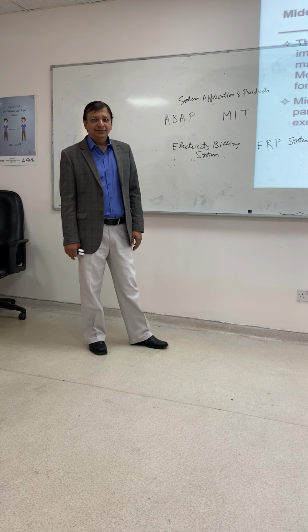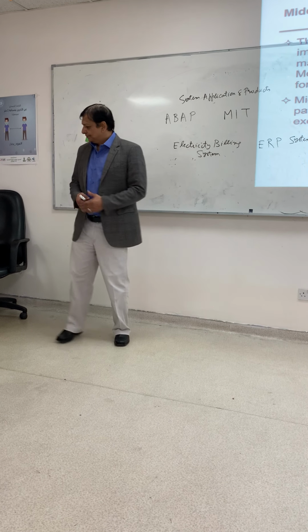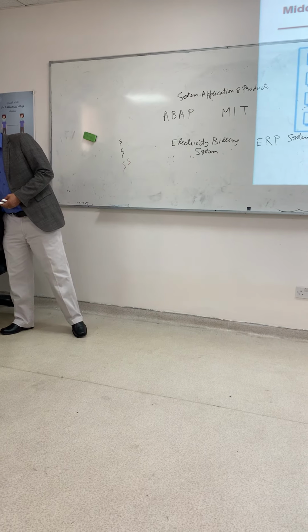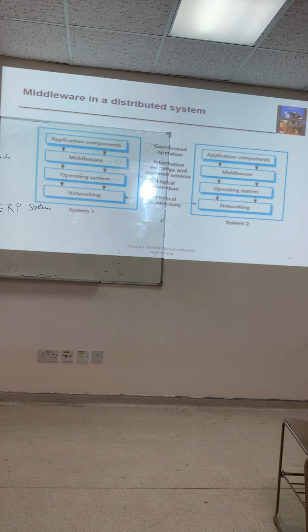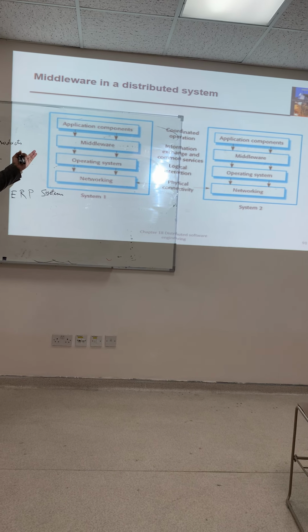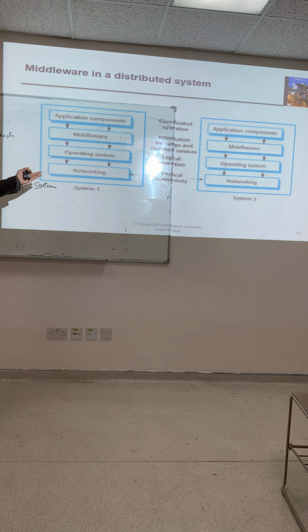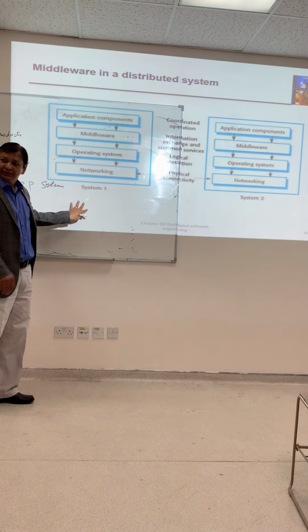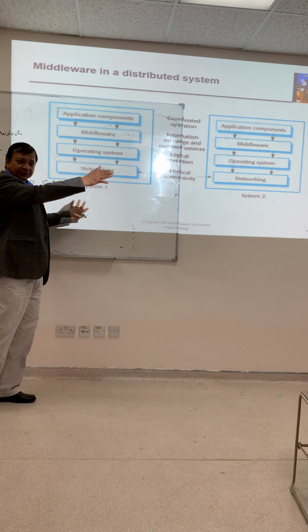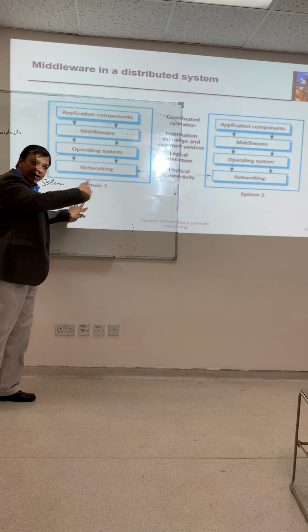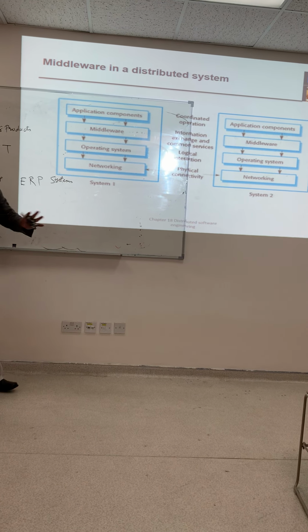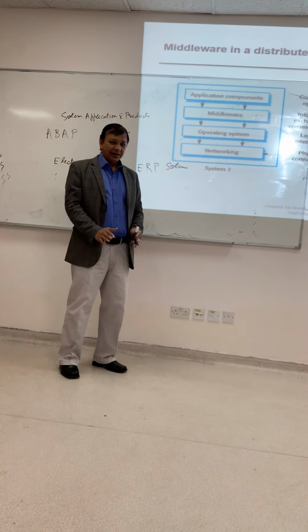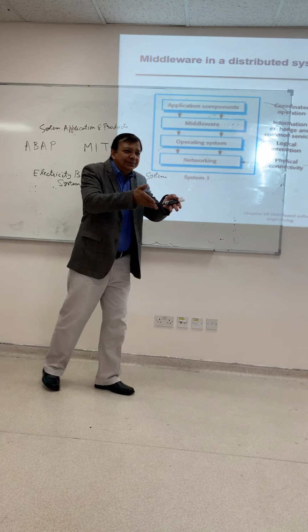Any question? So middleware in distributed systems: we have the application component, we have middleware, we have the operating system, we have networking. So system 1, system 2, system 3, system 4, and a number of systems. Like SAP is a collection of systems. Each module is a complete system.